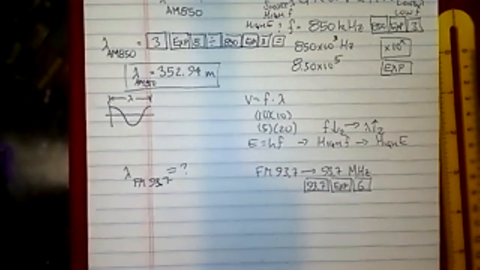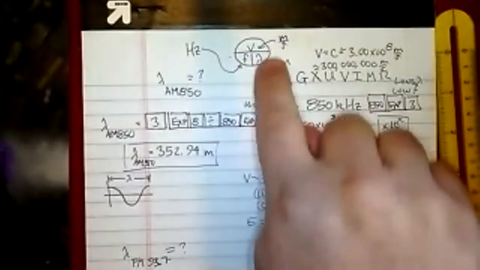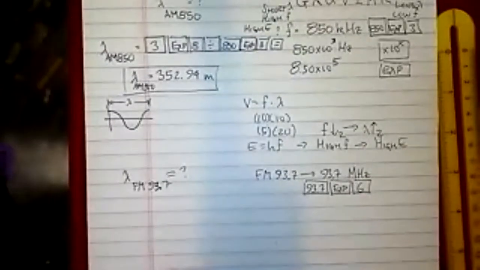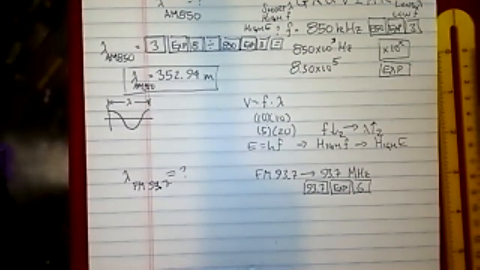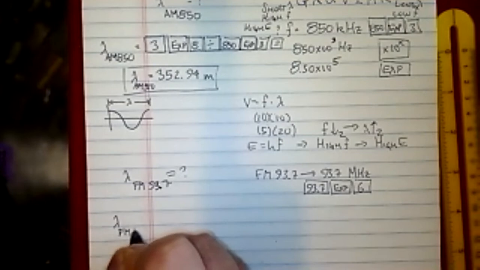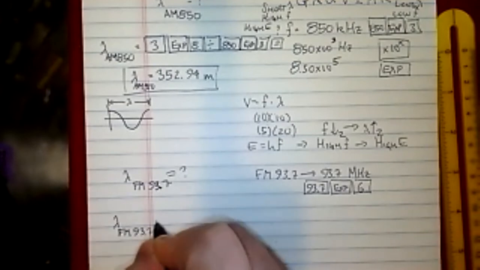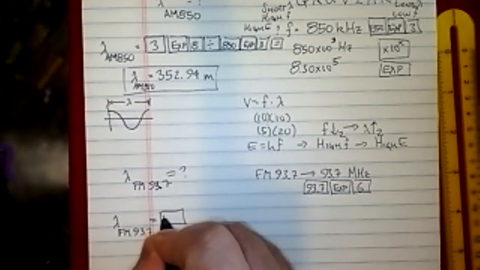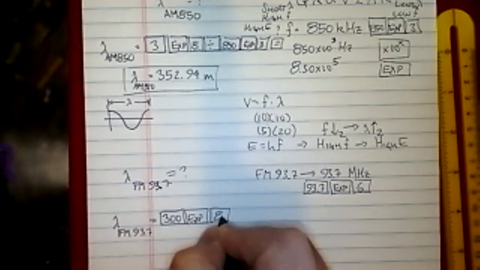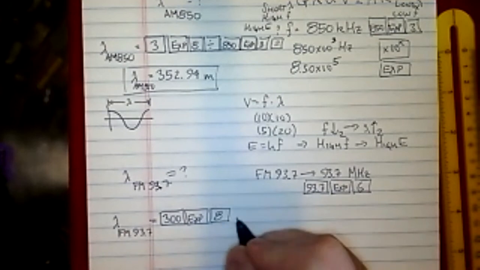Again, our velocity wave equation circle gives us that lambda is found by dividing the velocity by the frequency. Radio waves in the FM are still radio waves, so they're still traveling at the speed of light. So I could say the wavelength of FM 93.7 is in fact equal to the speed of light, which I'm going to say is approximately 3.00 exp 8, that's 300 million meters per second.